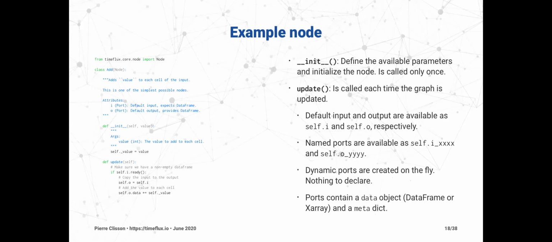So in this case, it's a data frame, and we use this convention of describing the name of the input and what it expects and what it provides. And this is also important because in the near future, we will use this docstring to automatically generate tools to graphically build interfaces, so we can know exactly what kind of input and output is expected and provided in a node.